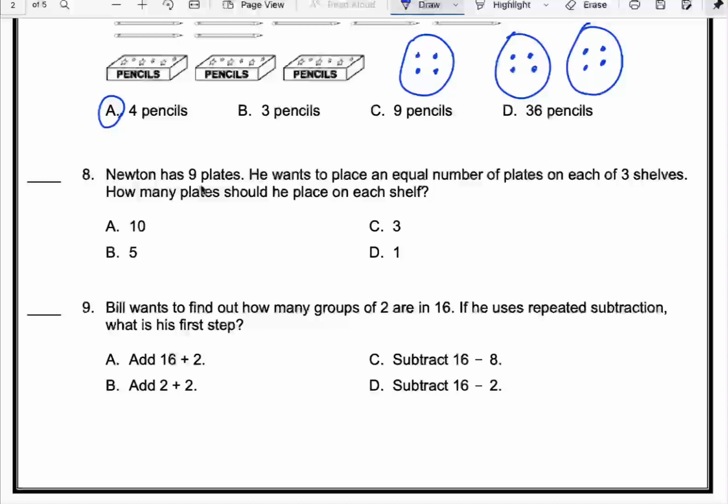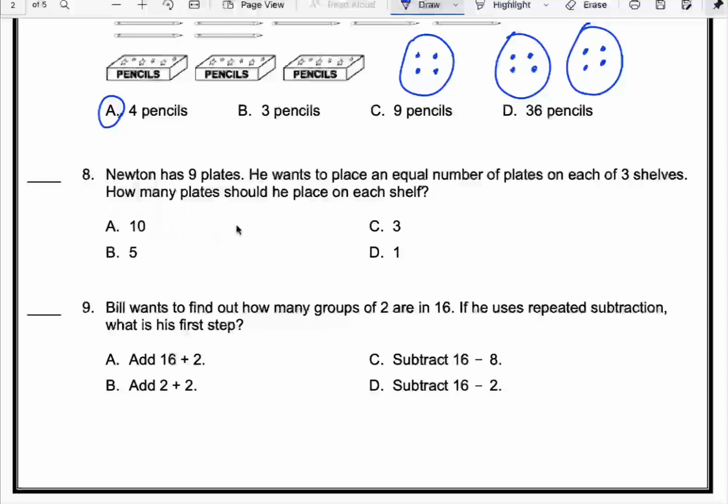Newton has 9 pencil plates. He wants to place an equal number of plates on each of 3 shelves.